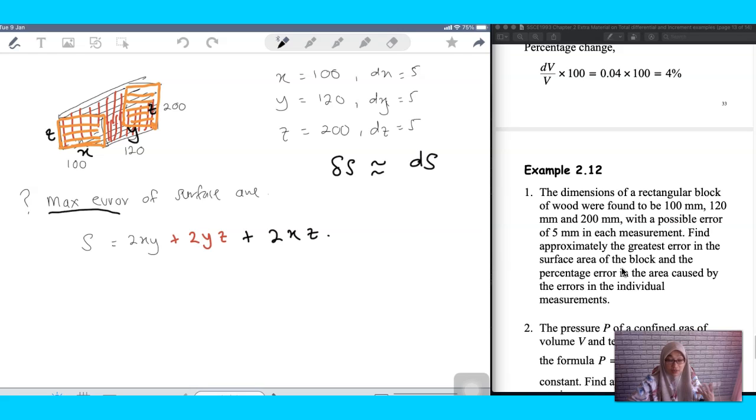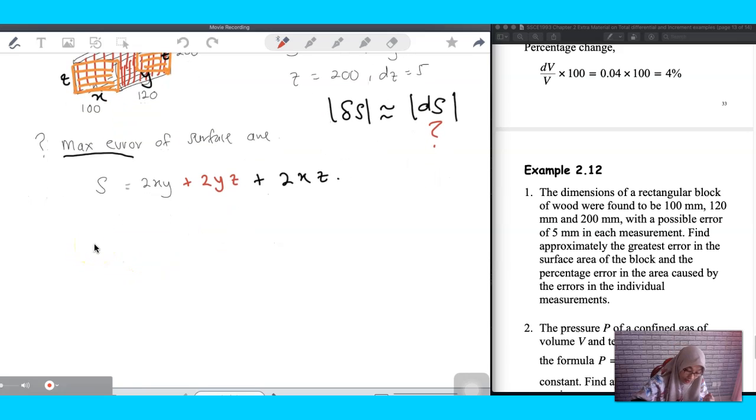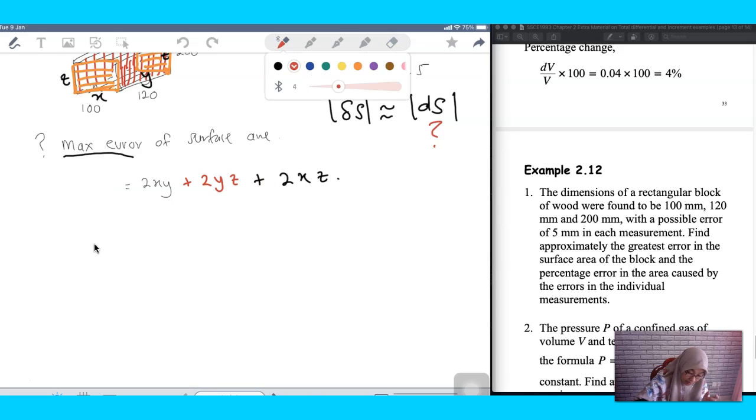Since the question is asking about the maximum, we have to put the absolute sign. Why do we put ds? Because we have the surface area. Now we know that the surface area is a function of x, y, and z.